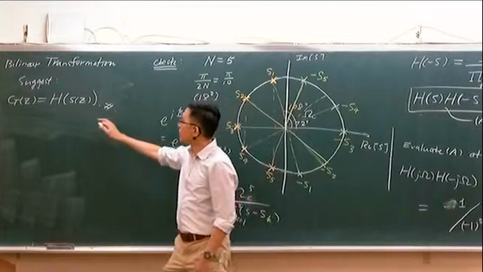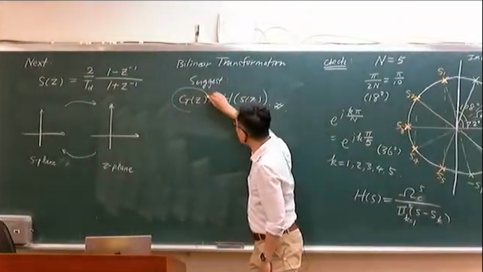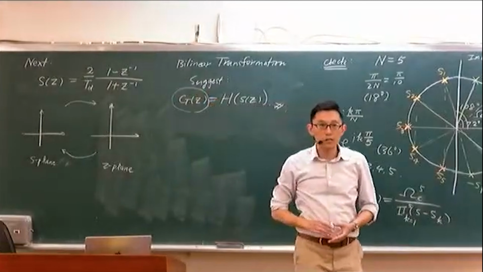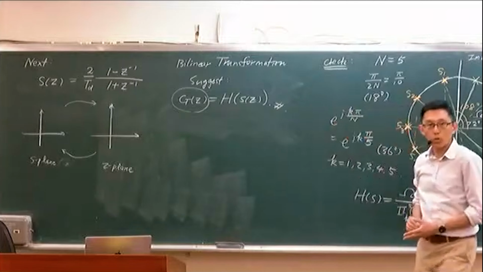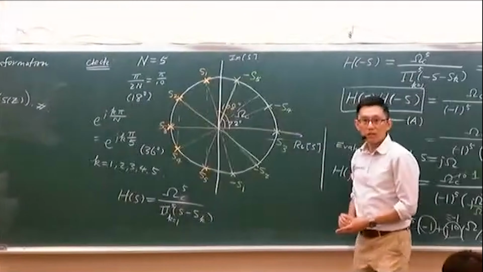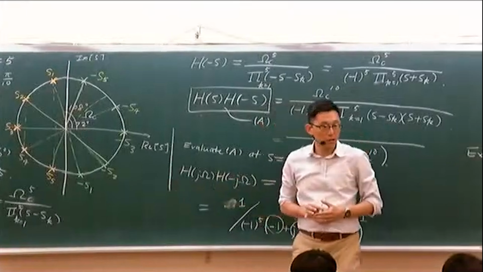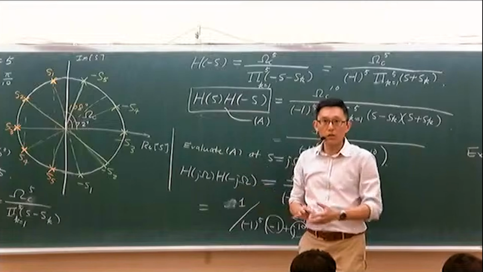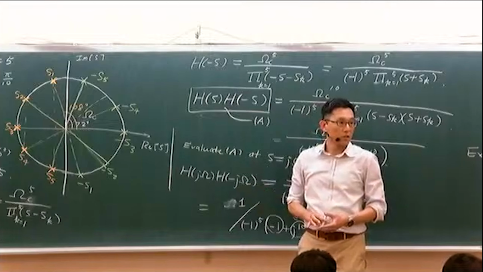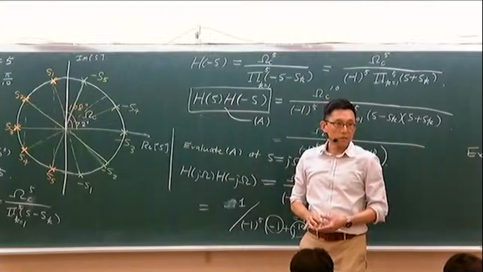This function is now a function of Z, and it defines a discrete time system, which is also low pass. We begin with an analog prototype, then we end up with a digital design, which is also a low pass filter. So that's the idea.